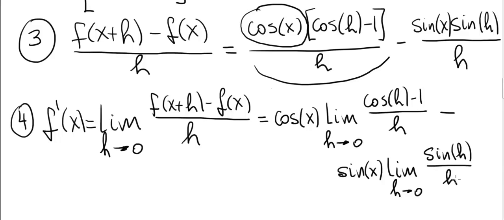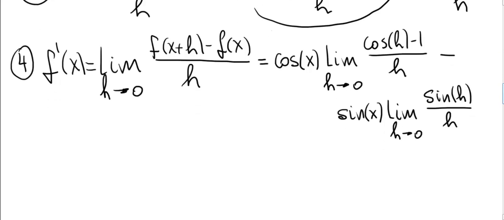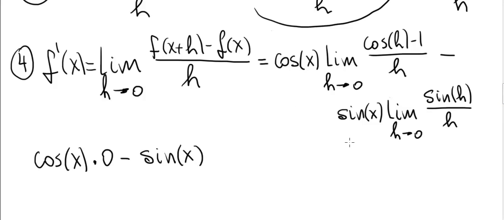And that's why we had those two preliminary results. The first limit, involving cosine h minus 1 over h, is 0. So that's cosine of x times 0, minus sine of x times the limit as h goes to 0 of sine h over h. That's 1. And that's minus sine of x.